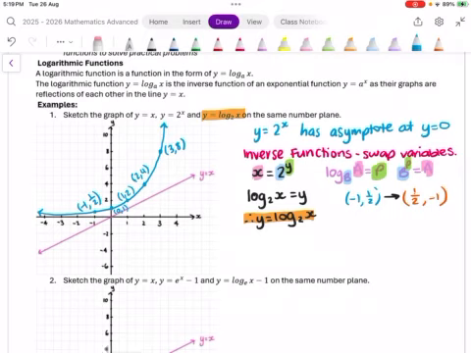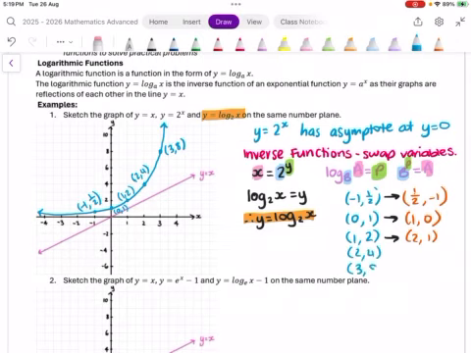Then we have the coordinate (0, 1). It's going to become (1, 0). We have the coordinate (1, 2). It's going to become (2, 1). Then we have our coordinates (2, 4) and (3, 8).